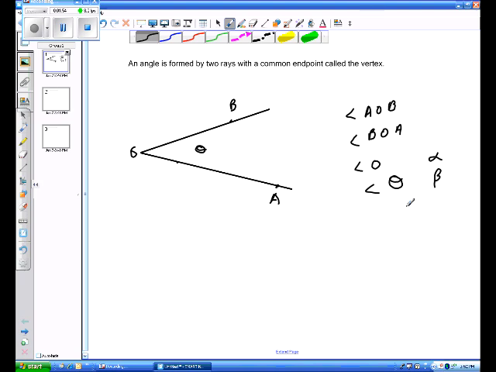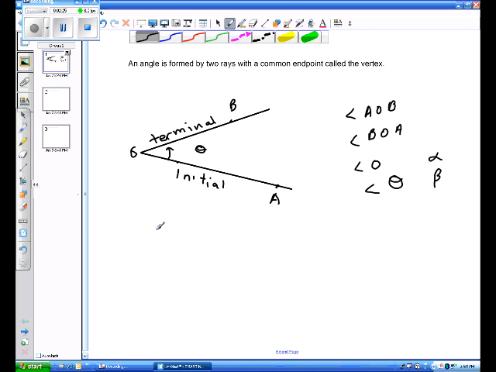An angle, as we describe it, will have an initial side, which is the side where it begins, and it will have a terminal side where it ends. It's important to know which side is the initial side and which is the terminal. So what we'll do is we'll start on the initial side and we'll draw a little arrow to the terminal side.